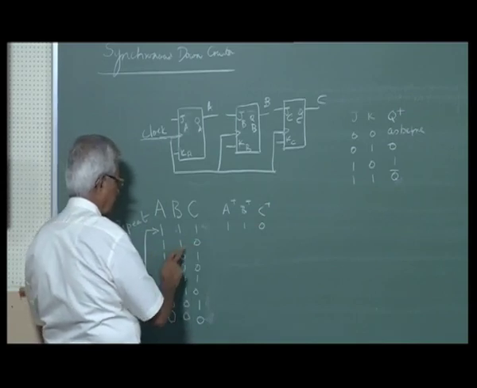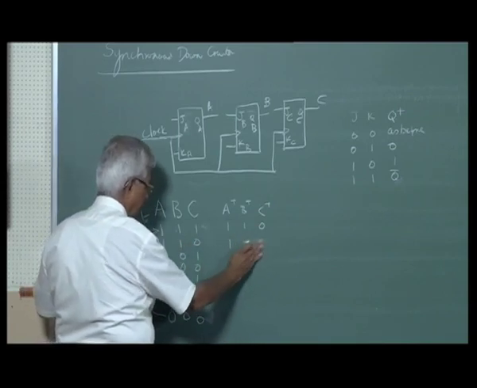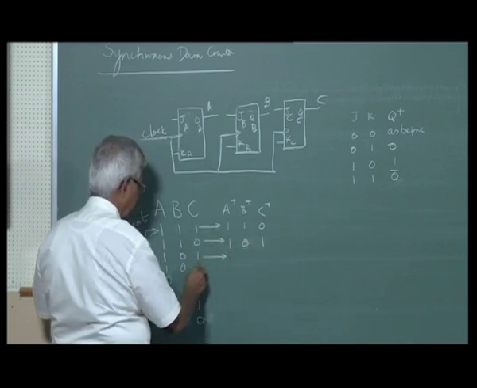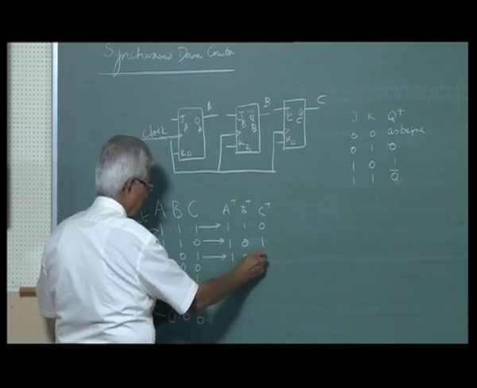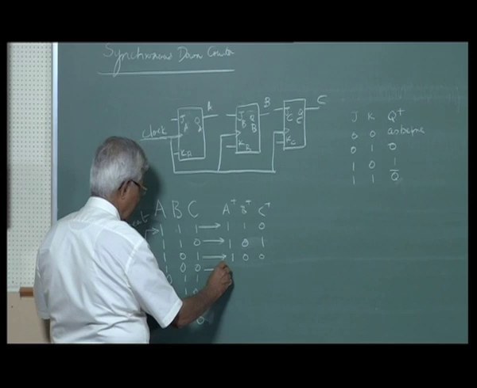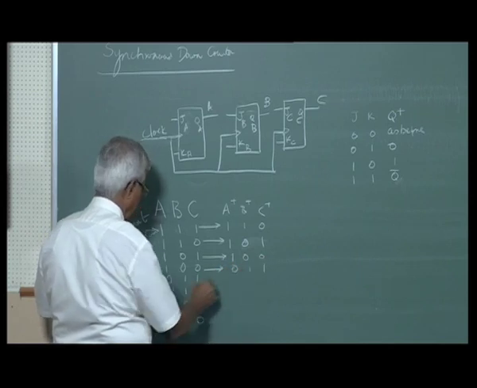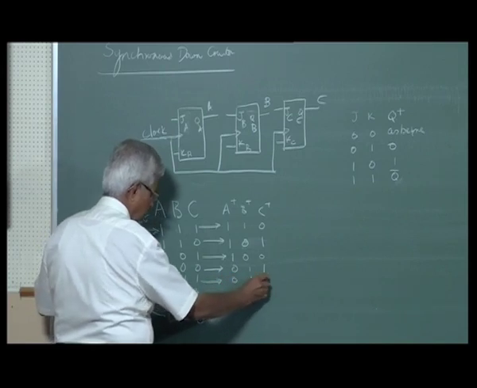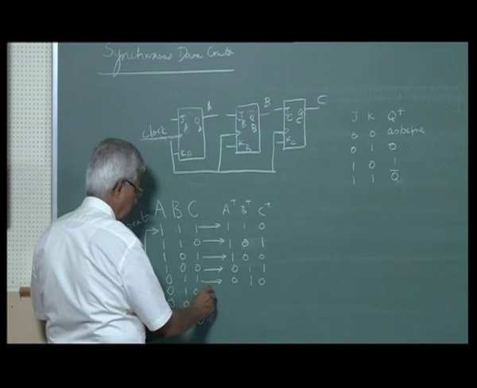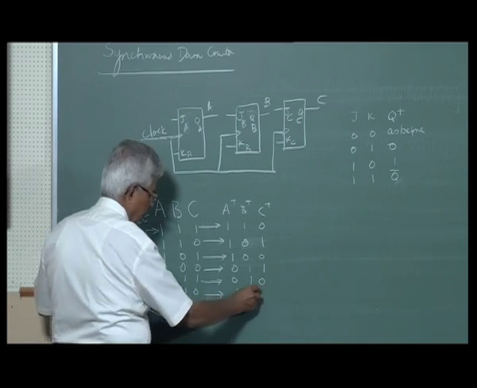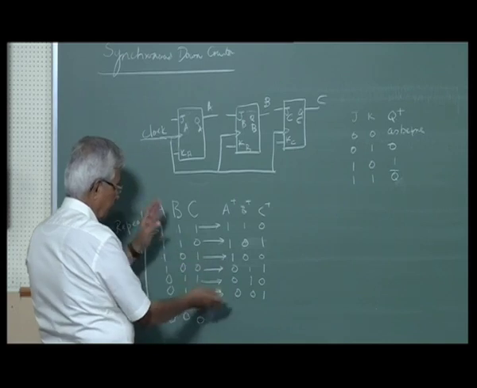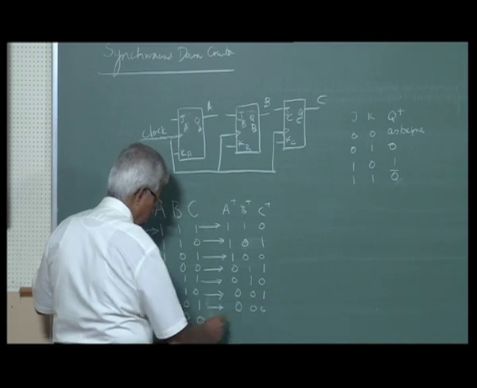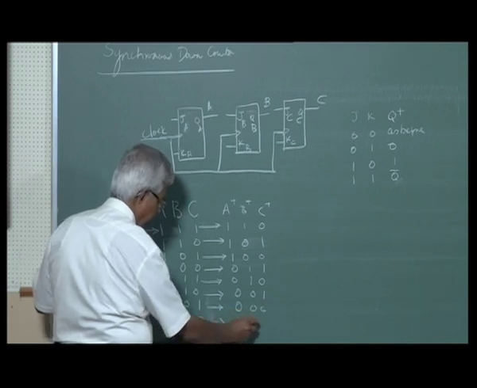Present state is 1 1 0, next state is 1 0 1. 1 0 1, next state will be 1 0 0. 1 0 0, the next state will be 0 1 1. 0 1 1, the next state will be 0 1 0. 0 1 0, next state will be 0 0 1. 0 0 1, next state will be 0 0 0, and 0 0 0, the next state will be 1 1 1.